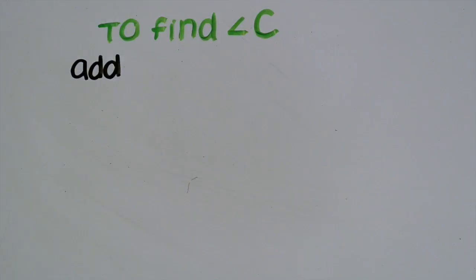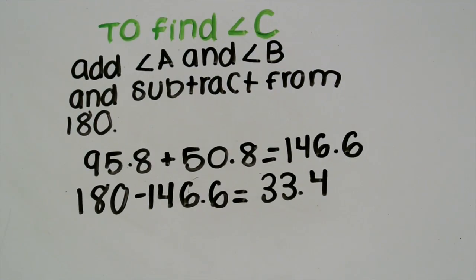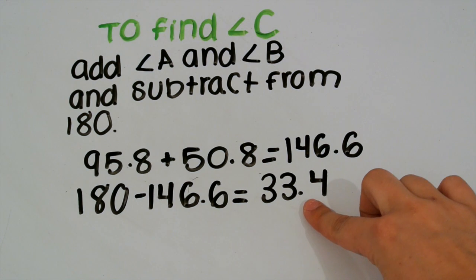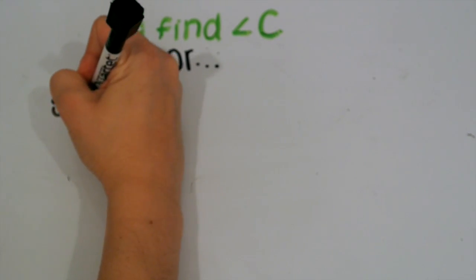To find angle C, we can subtract angles A and B from 180 degrees. Or you can find angle C by using the law of sines.